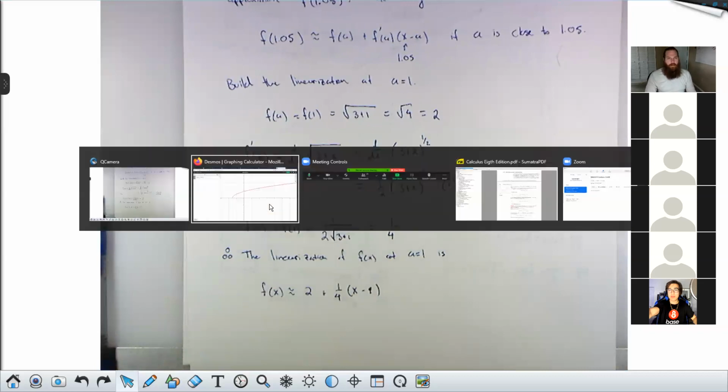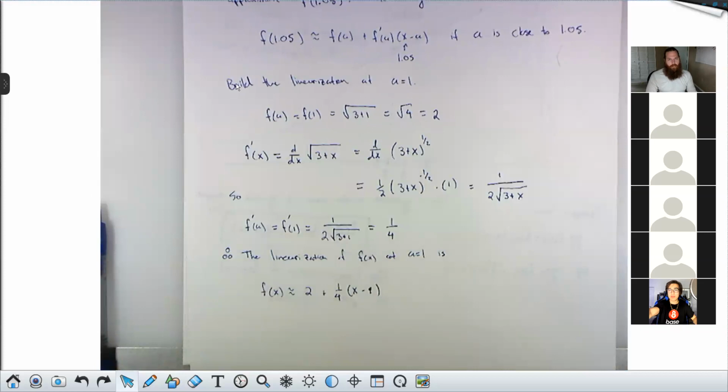So let me just come back here to my Desmos graph. All right, everybody sees what I'm doing here. I'm essentially finding the tangent line. So I find my point. My point is 1, 2. I take the derivative and I plug in 1 for x to give me my slope, which is 1/4. And then here, this is just the tangent line solved for y.